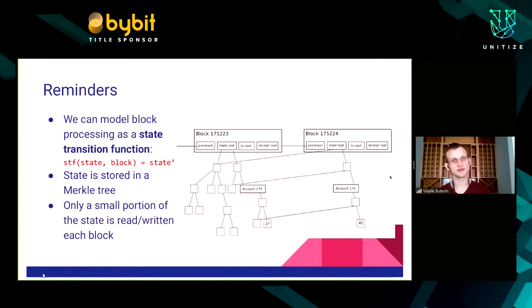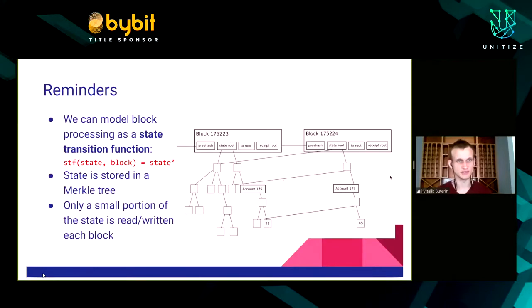So, for example, if the previous state is that Alice has 50 coins and Bob has 50 coins, and the block has one transaction that transfers 10 coins from Alice to Bob, then your new state, state prime, is going to be the state where Alice has 40 coins and Bob has 60 coins. Sometimes a block is not even valid in the context of a particular state.